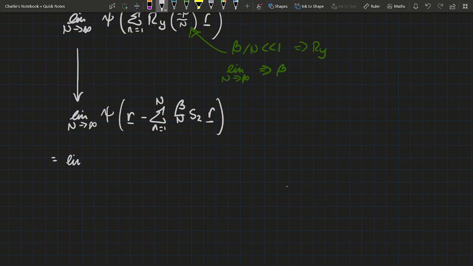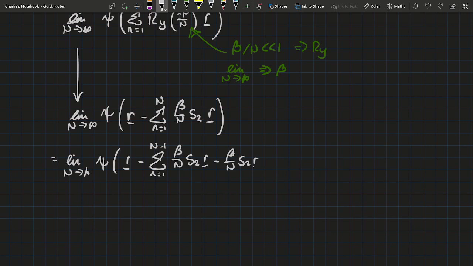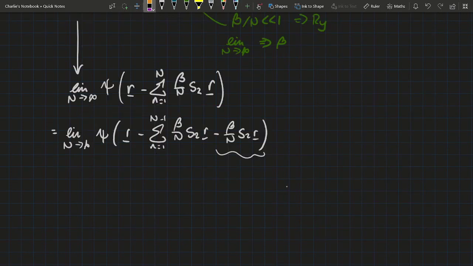We can also write this as the limit as n tends to infinity of ψ of r minus the sum from n equals 1 to n minus 1 of β/n s2 r, minus β/n s2 r. This extra component is the same as if R_y(β/n) had acted on the wave function ψ of r minus the sum from n equals 1 to n minus 1 of β/n s2 r.